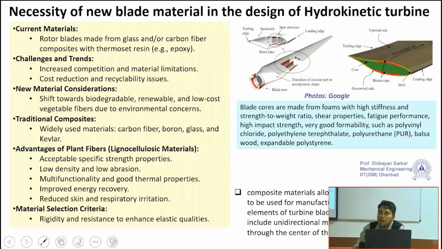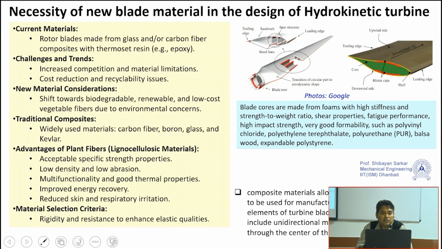But still people are trying to find some more new materials to prepare these hydrokinetic turbine blades or different hydrokinetic turbine components, because each and every material we have discussed so far has some drawbacks. So considering the drawbacks, people are trying to find what the new material will be.